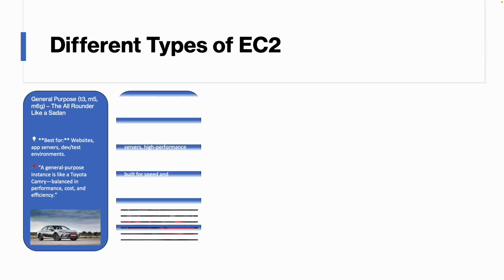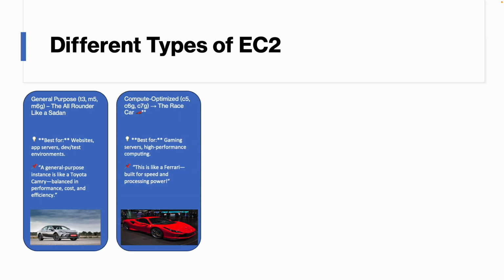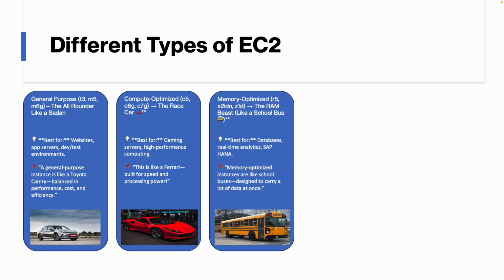Next is compute optimized, just like Ferrari car, speed and power. So if you have a use case which requires high performance computing or gaming servers, then you can go for compute optimized. Then memory optimized.